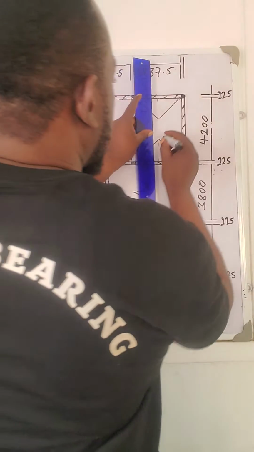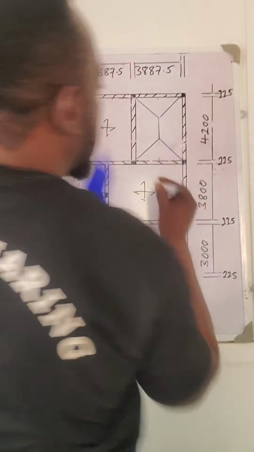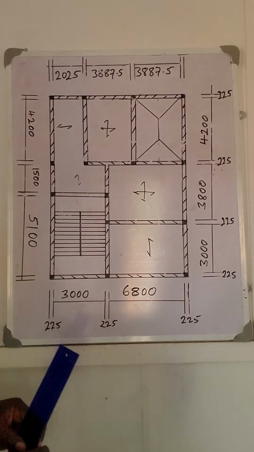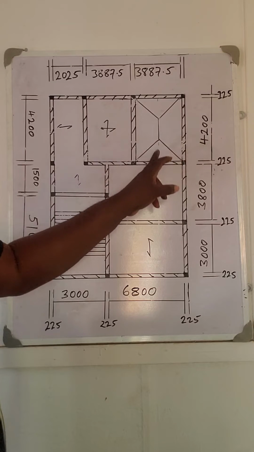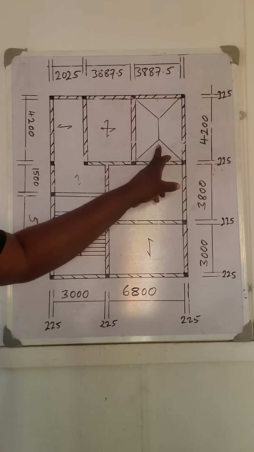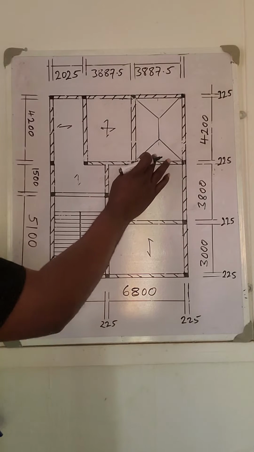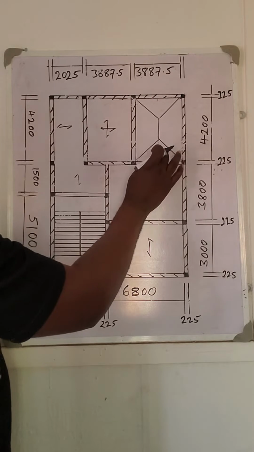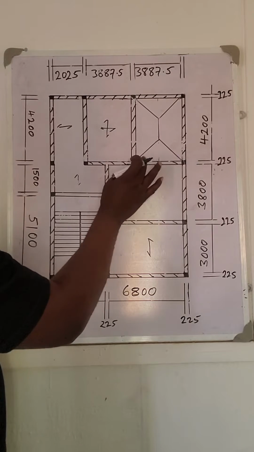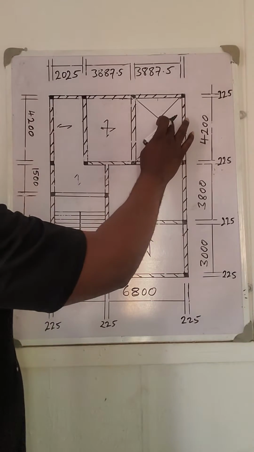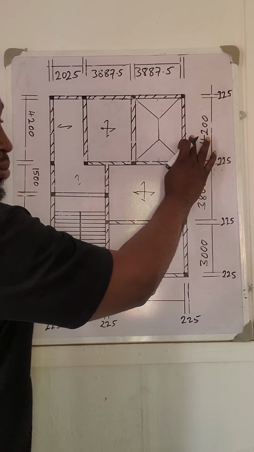Okay, so I can join this one. Now, this is a triangular shape along the shorter span, then a trapezoidal shape along the longer span.